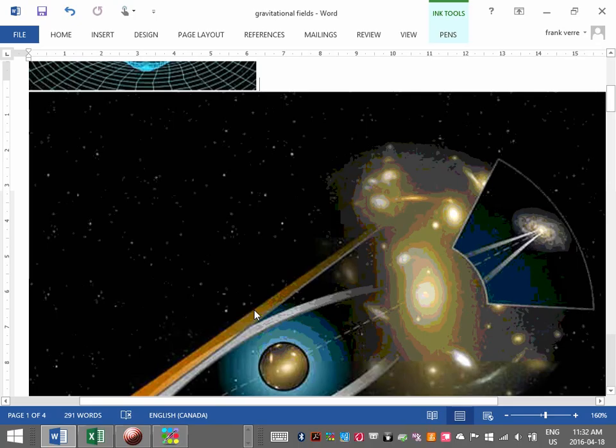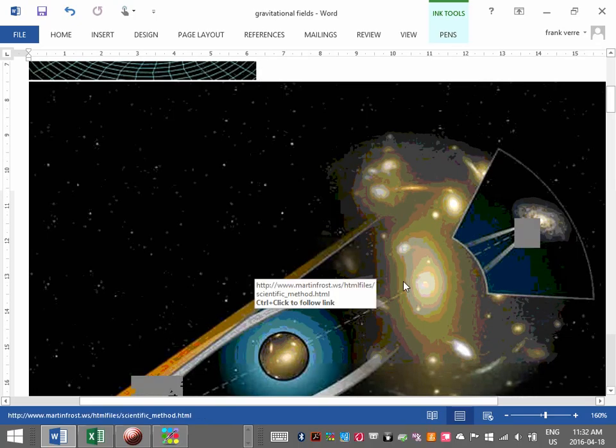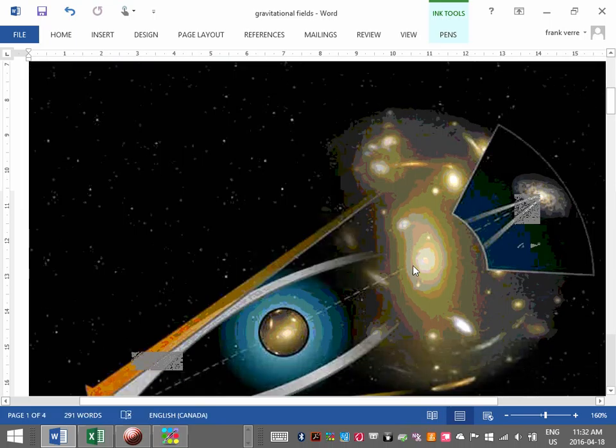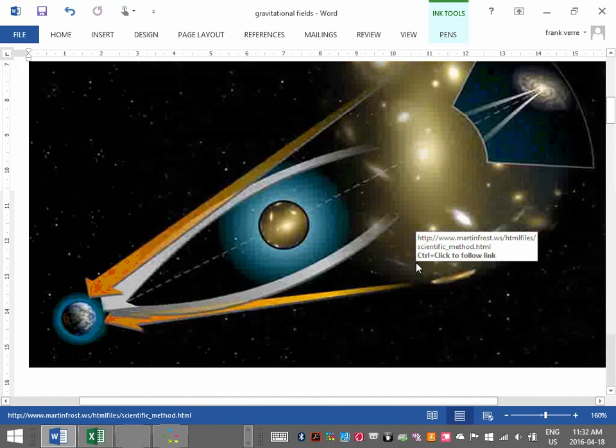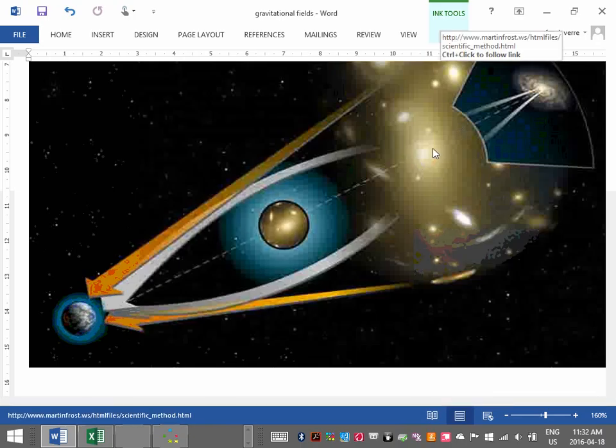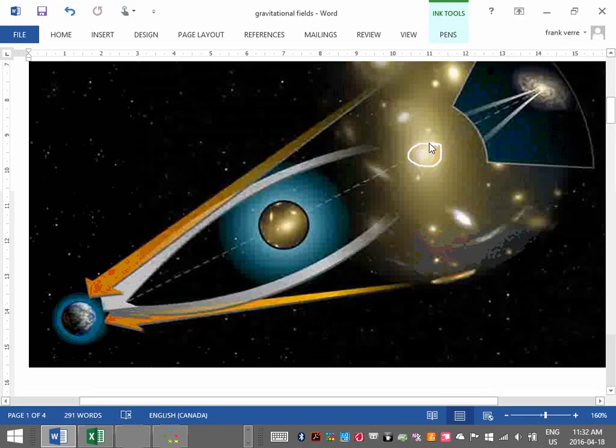Now, it was proved, I forget the exact year, that this is actually what's happening because of something called lensing. So I want you to imagine an object over here. Okay? Now, what happens is light from the object is going to travel to Earth. Okay? So here's Earth over here.